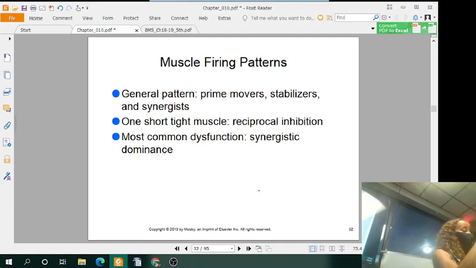The muscles that are normally a little bit tighter, now it's switching. Those muscles are not working now. They're kind of staying still. So there are all kinds of things that happen.